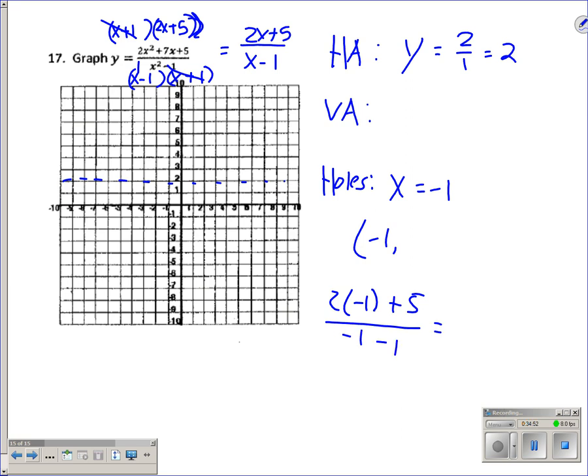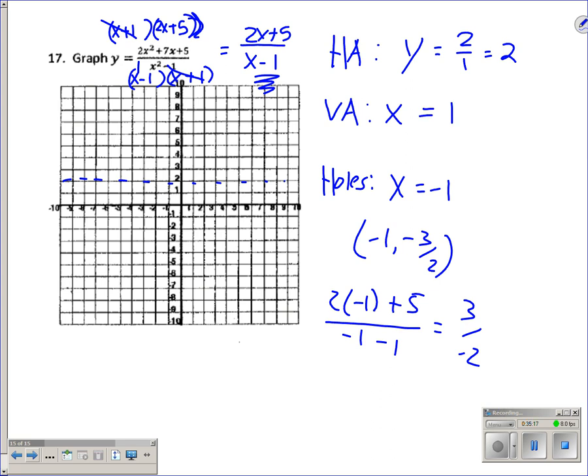Okay, which ends up being what? Negative 2 plus 5 is 3 over negative 2. So negative 3/2. And the vertical asymptote is what makes the bottom 0 that did not cancel out, and that's this factor here, which is x equals 1.